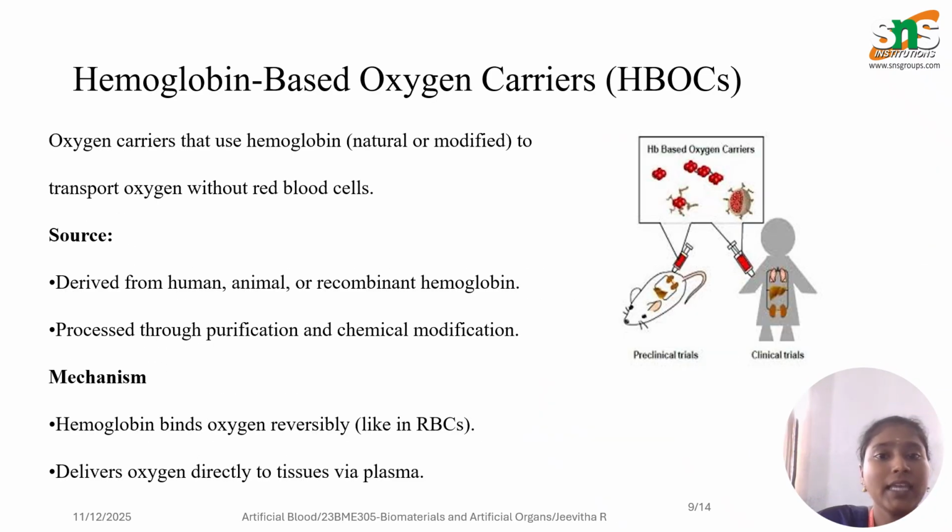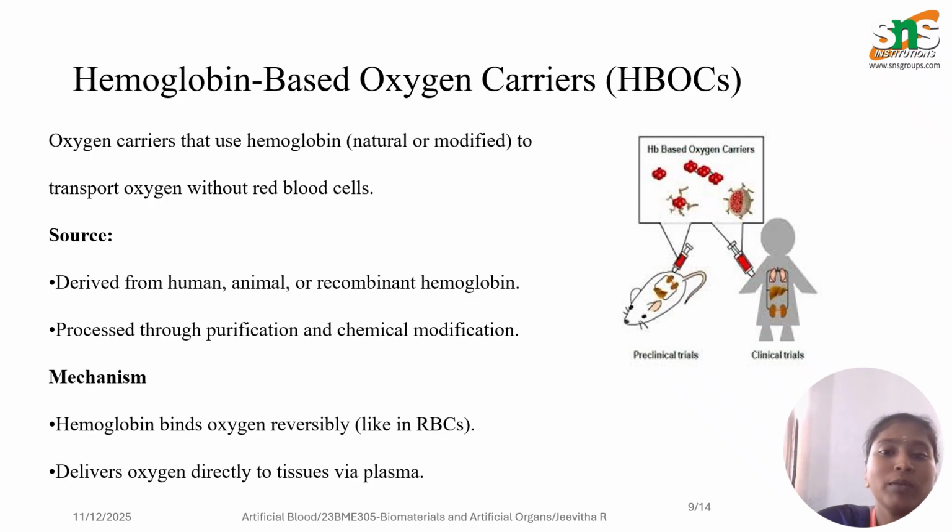And then the second major type is hemoglobin-based oxygen carriers. These are made using hemoglobin taken from humans, animals, or produced using genetic engineering. Hemoglobin carries oxygen naturally, so these products transport oxygen directly through the plasma even without the red blood cells.